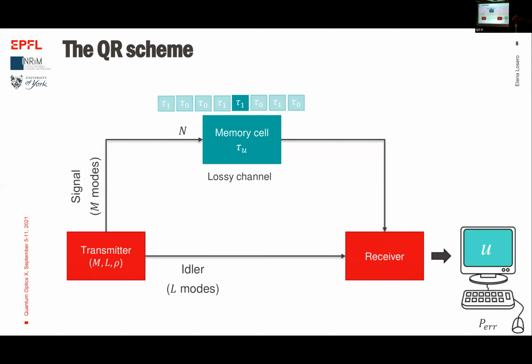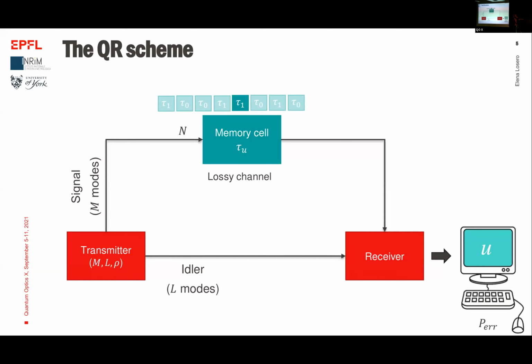So now let's move to the quantum reading scheme. The idea of quantum reading is to infer the value of a bit of information which is stored in a certain memory cell. And in particular, in our scenario, we consider as a memory cell a lossy channel which can have two different values, tau 0 and tau 1, which will correspond to our two bits, 0 and 1.